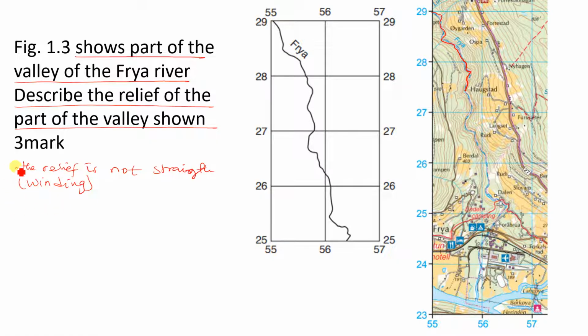Now, another thing you should look at, based on the first thing we spoke about when I was describing relief, because now they say relief and a valley. If you look at this relief, you find out that it is moving downwards this way here, and this part is moving upwards. So this part is moving downwards, this part is moving upward.